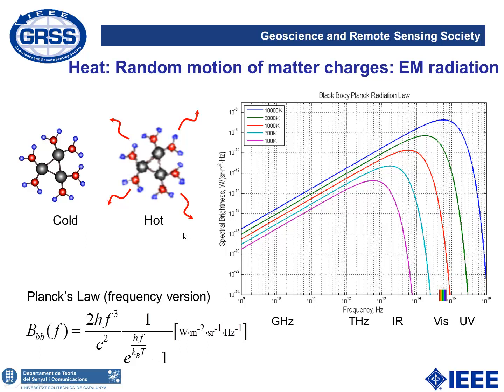If we represent the spectrum of this radiation, we can take the black body spectral brightness expression, which is this expression here, and if we plot it for different frequencies and different temperatures of the material, we obtain the so-called black body curves or radiation law curves, which show us the spectral density of this thermal emission.